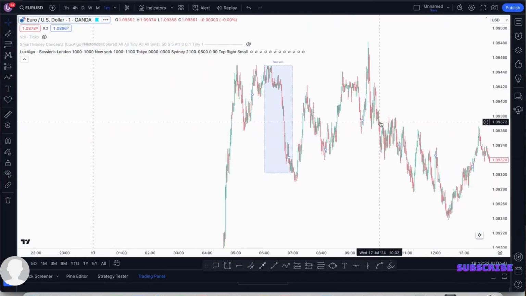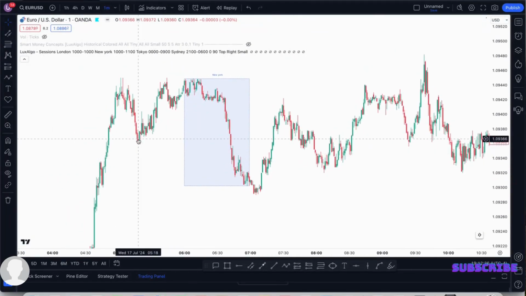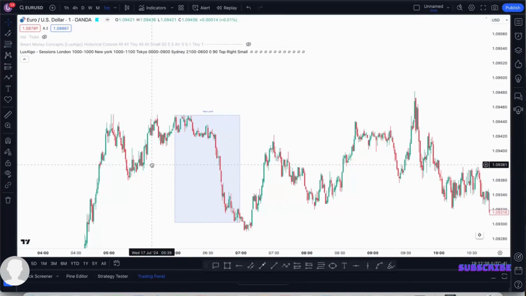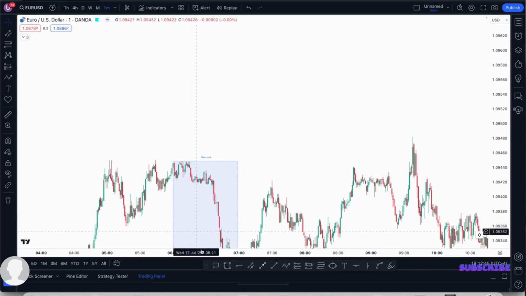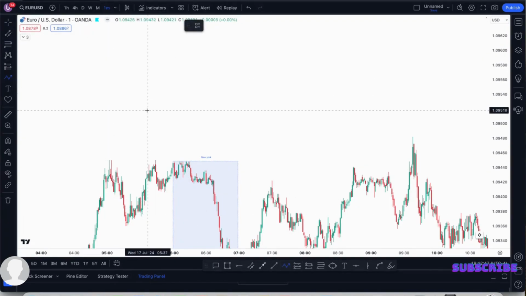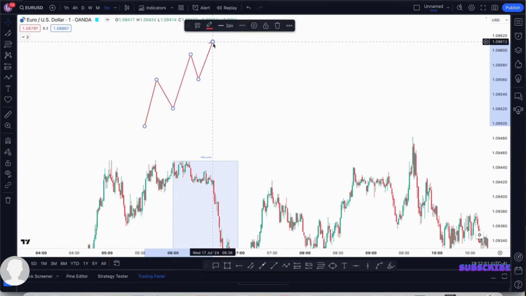Now, let us look at the chart very well. Do not forget how the market moves: higher high, higher low, higher high, higher low, higher high.